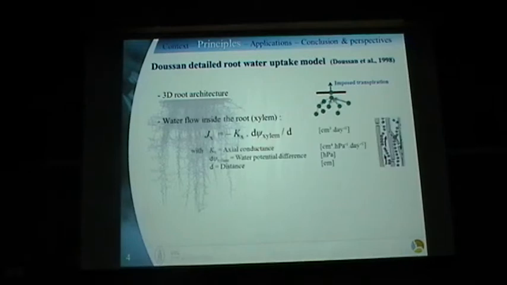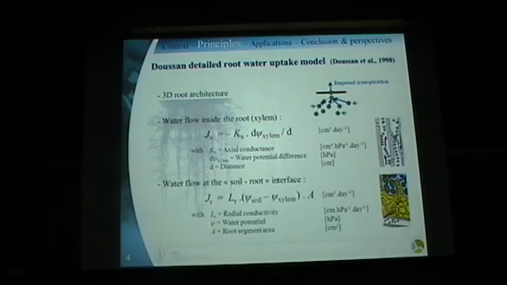And for each root segment of the root architecture, he had one equation describing the axial flow in the xylem tubes, and one equation describing the radial flow from the soil to the center of the root. And so here you can see the axial conductance of the root segment, and there you can see the radial conductivity of the root segment.